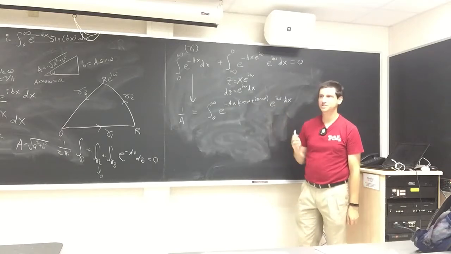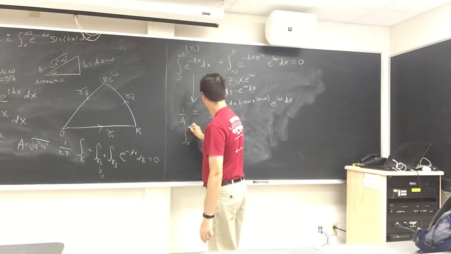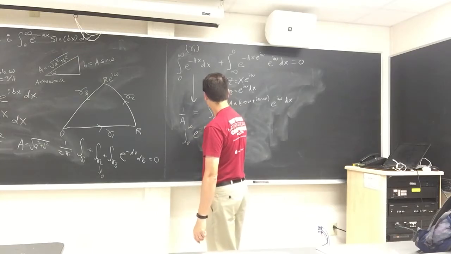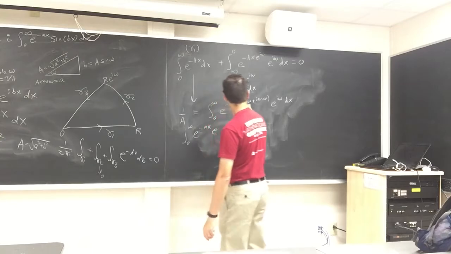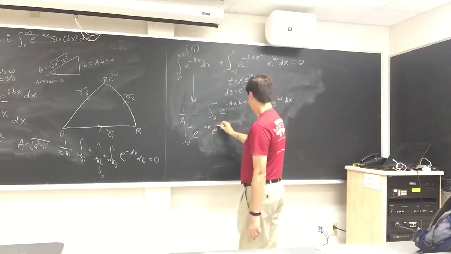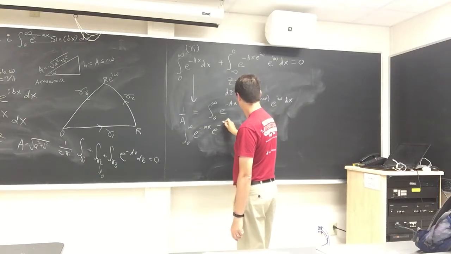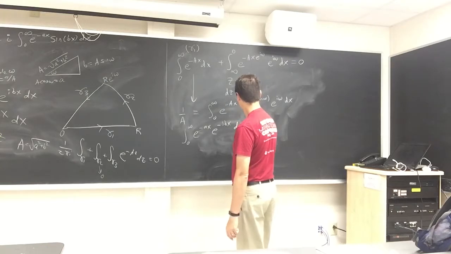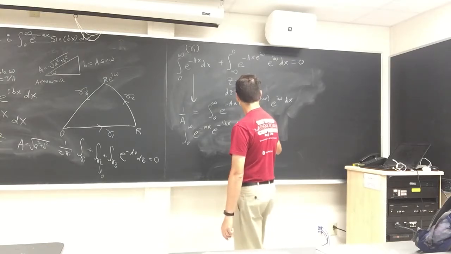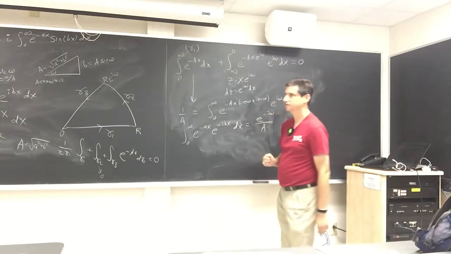Let's bring it over to the other side. So we have the integral from 0 to infinity of e to the minus ax, e to the minus, I think, ibx dx equals e to the minus I omega over a.